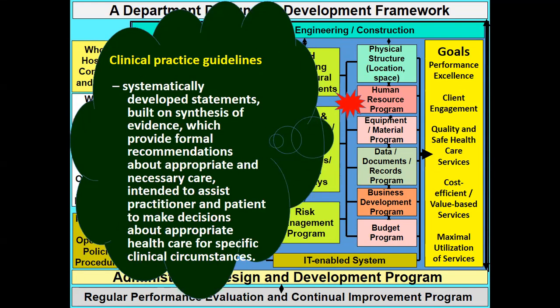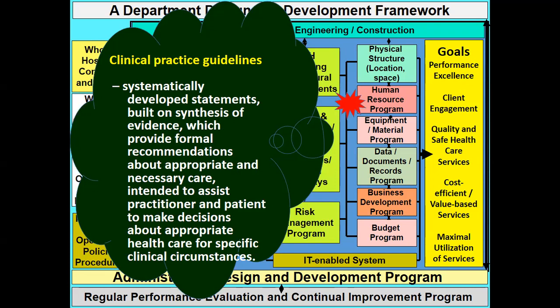Clinical practice guidelines and clinical pathways are akin to policies and procedures, but focus on patient management. Clinical practice guidelines are defined as systematically developed statements built on synthesis of evidence, which provide formal recommendations about appropriate and necessary care, intended to assist practitioners and patients to make decisions about appropriate health care for specific clinical circumstances.